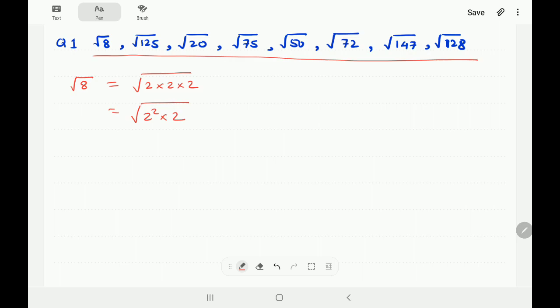Am I correct? The square and square root get cancelled for this 2 square part, but that won't get cancelled for this 2. So I'll write it in simple form: root of 2 square into root 2. The square root and square get cancelled, I get 2 into root 2.